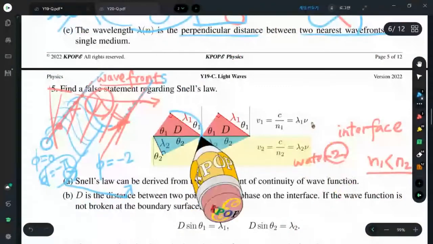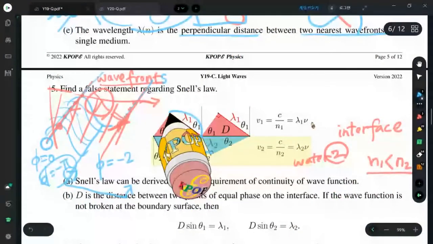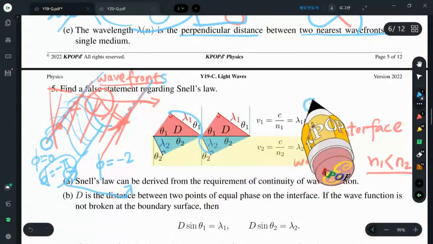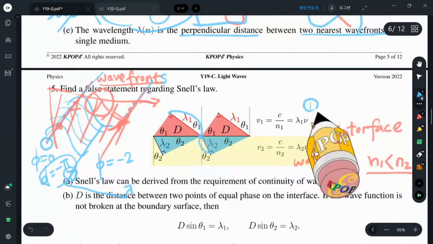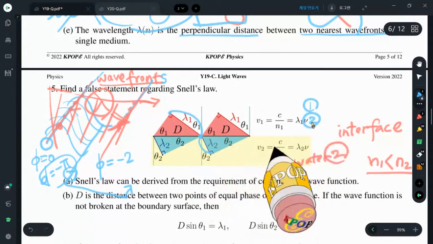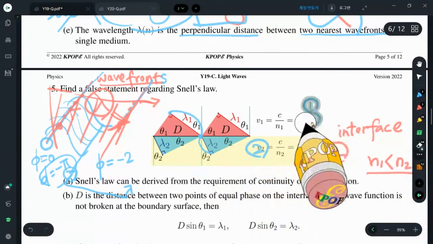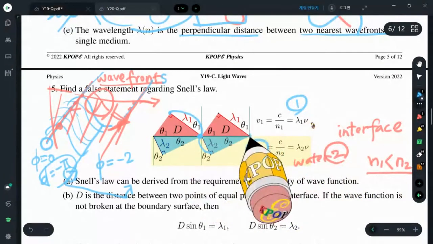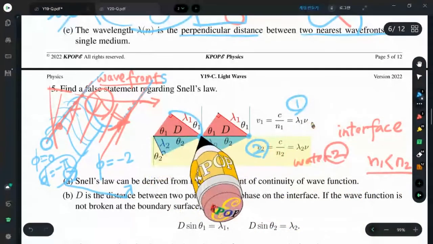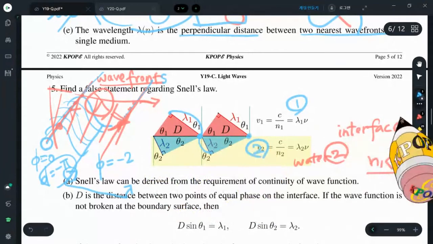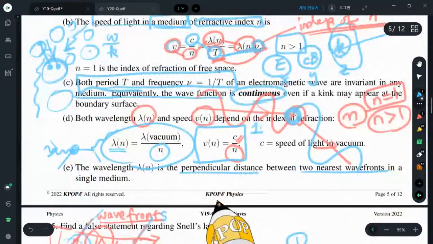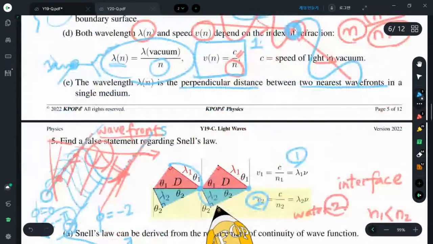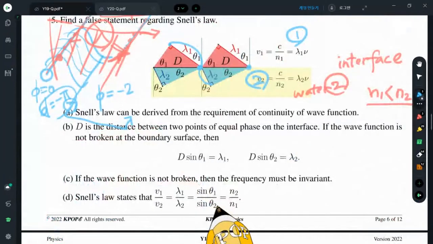That's the reason why this wavefront in medium 1 side and this wavefront in medium 2 side always meet at a single point. That means the wave function is continuous.